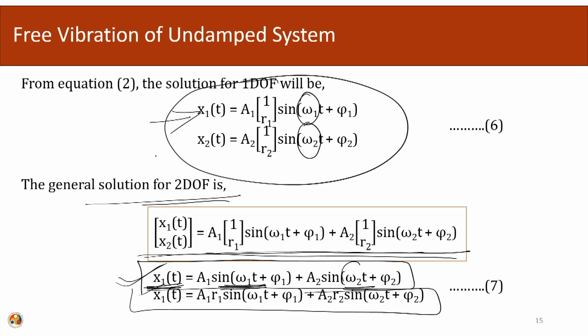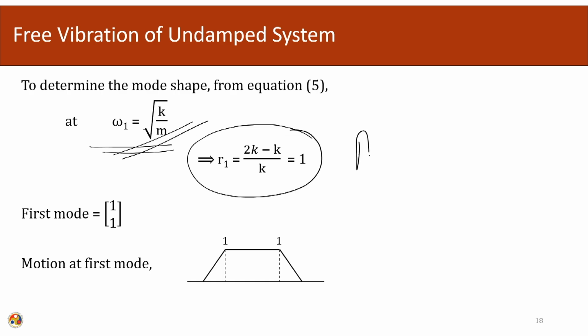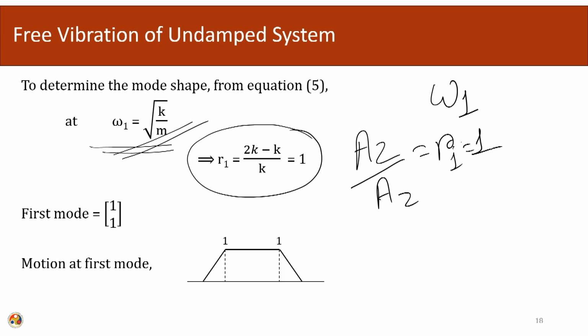If we do that, we have to do it one at a time. So, we will put the value of omega 1 first. If we put the value of omega 1, r1 equals 1, it means that the value of the amplitude corresponding to the first mode omega 1 is r1 equals 1.